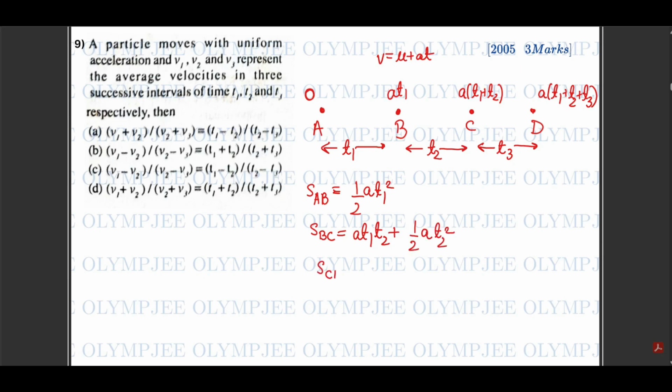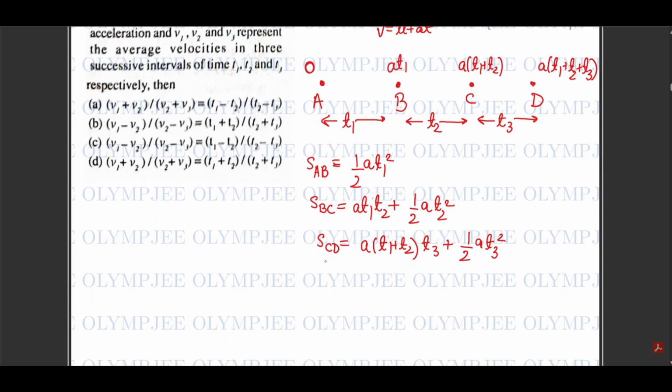And S_CD is given by a(t1 plus t2), which is the velocity at C, multiplied by t3 plus half a t3 square. Using these equations, we can find v1, v2 and v3.